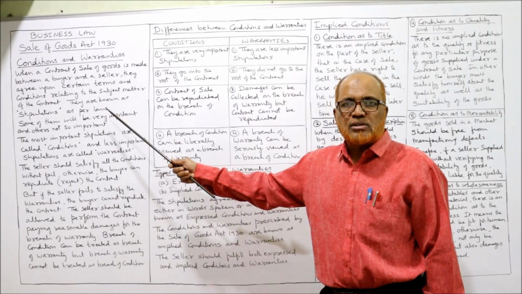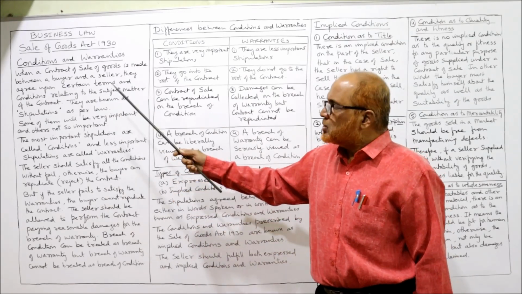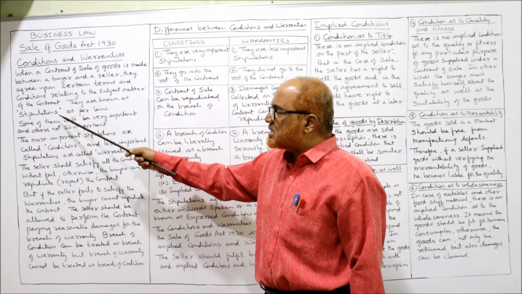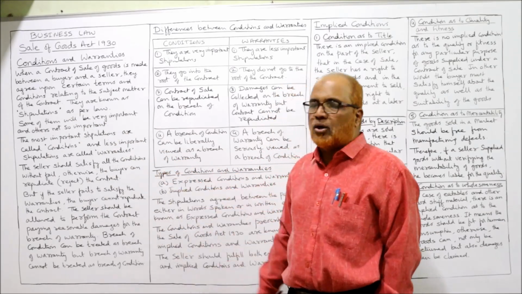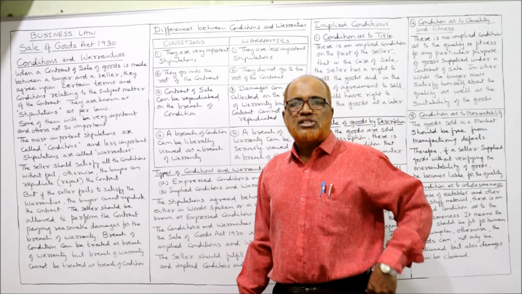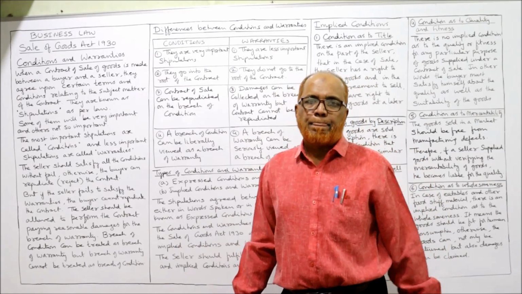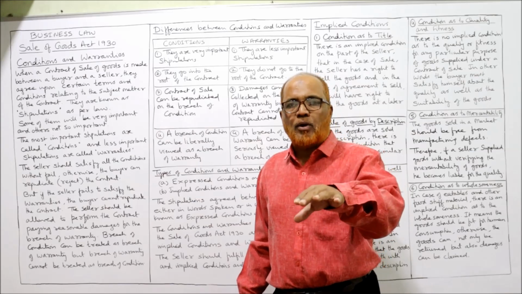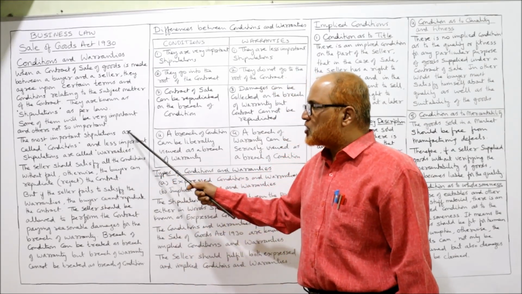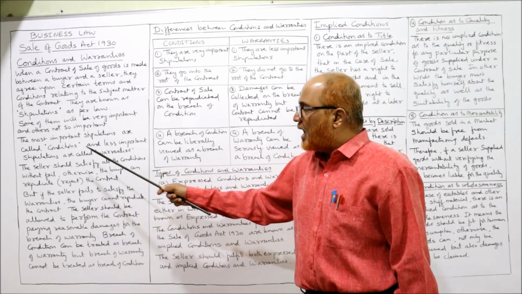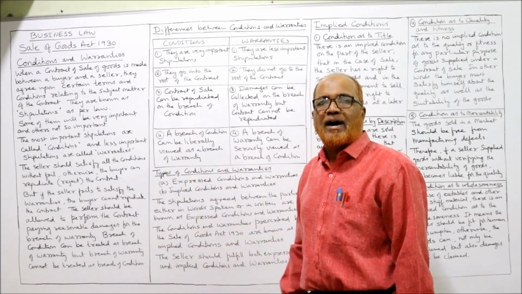So conditions and warranties are known as stipulations as per the law. Some of them will be very important and others are not so important. The most important stipulations are called conditions, and the less important stipulations are called warranties.